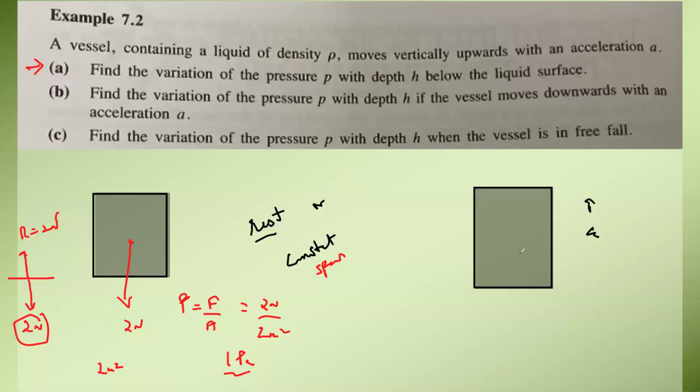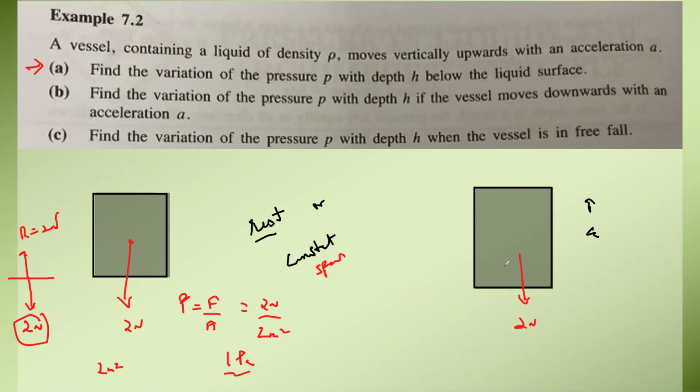The weight is acting downward, which is already 2 Newtons. Now, as we know, according to Newton's first law, an object tends to resist change. If this is accelerating upward, what will this liquid try to do to resist the change? It will try to exert a force. And in which direction will it try to exert a force?